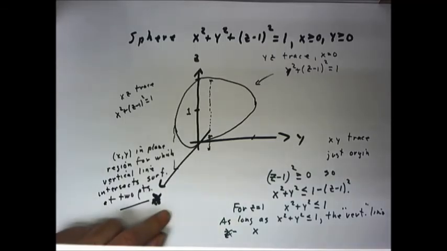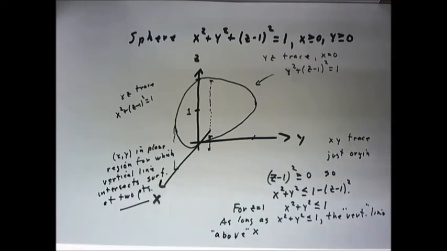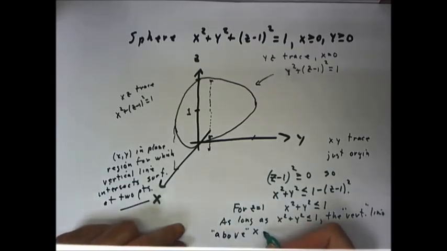I'm going to have to stop and fix a couple of things here. Okay, a few touch-ups here. The vertical line, I was going to write the equation of the line, but that was going to get too complicated, have to parameterize it and so forth. The vertical line above x, y is 0.